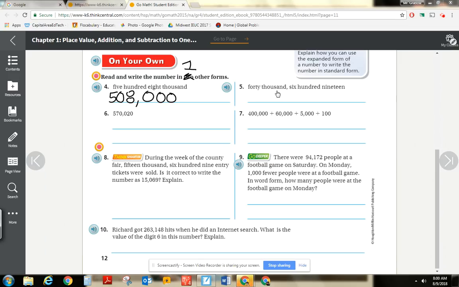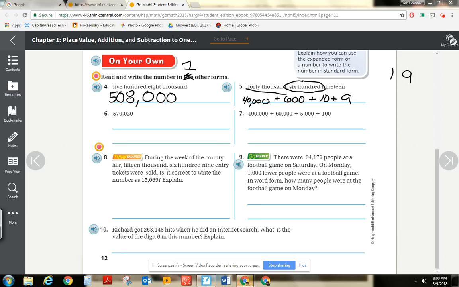40,619. All right. So I'm going to do this by expanded form. 40,000. Let's start with that. 40,000 plus 600. Now this 19 is tricky because I know that there's a 10 and there's a 9 in 19, right? 9 ones, 1 ten. So I got to first do the tens place plus 10, now the 9 plus 9.